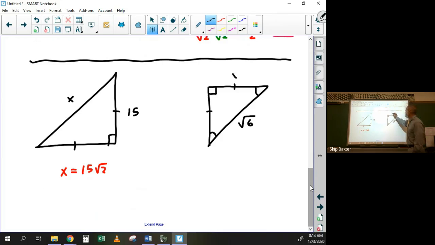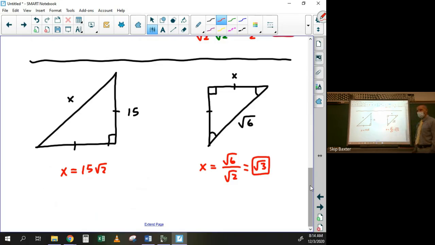And they wanted you to find the length of a leg, then that leg would be the hypotenuse divided by radical 2, which in this case, you can divide them because they're both underneath the radical, you get radical 3. That's the answer. So if you know the leg, you multiply it by radical 2 to get the hypotenuse. If you know the hypotenuse, you divide it by radical 2 to get the leg. That's the bottom line. That's all we're doing today.